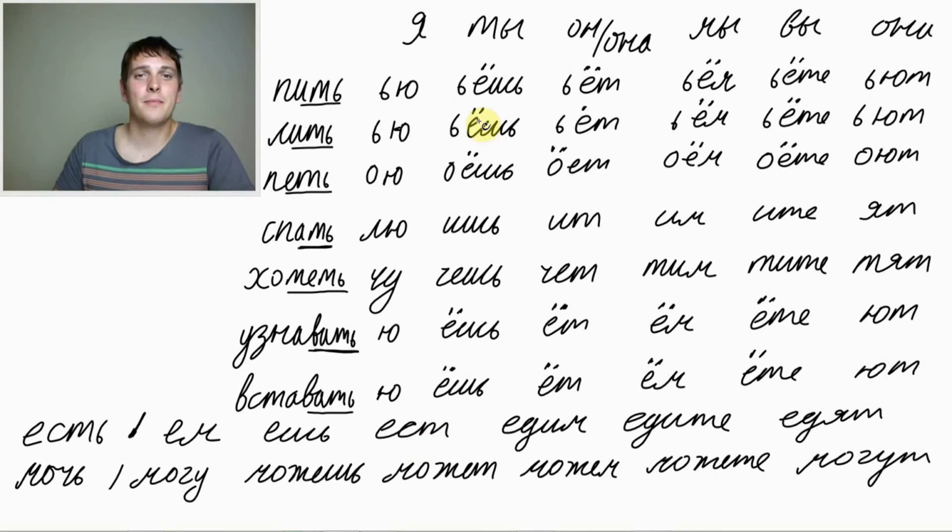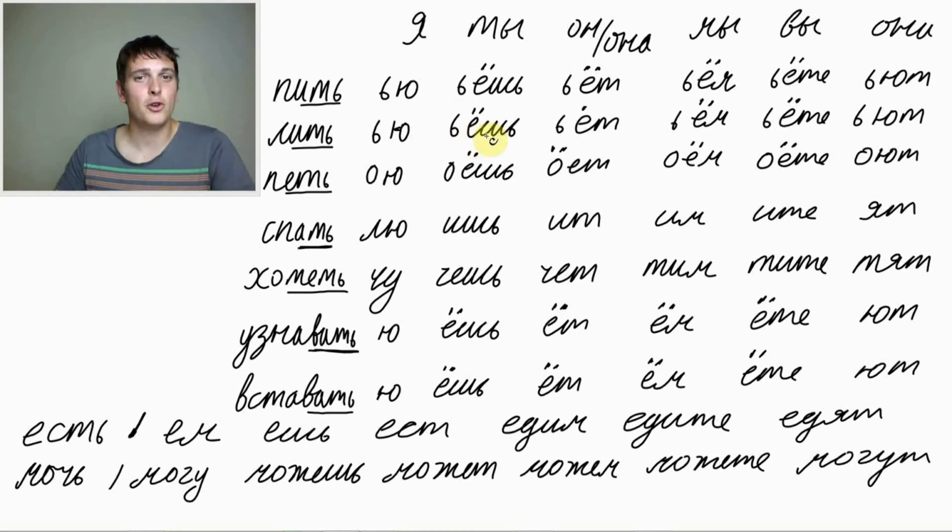How would you say, I am drinking? Я, we're removing the last three letters. Пью. Я пью. How would you say she is drinking? Она пьет. And how would you say they are drinking? Они пьют. How would you say you in singular is pouring water?